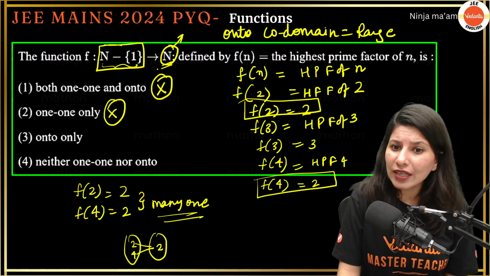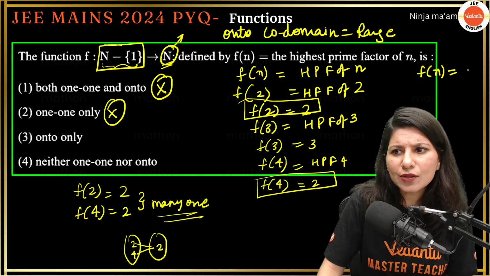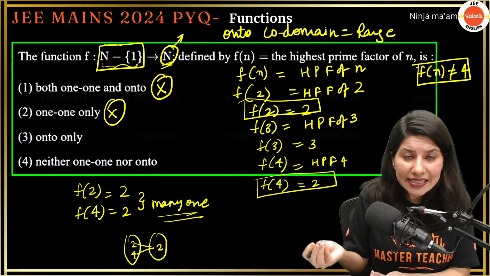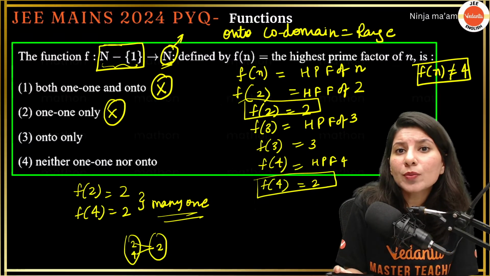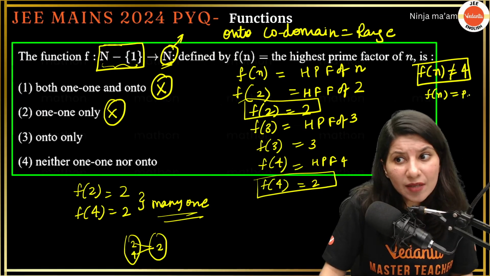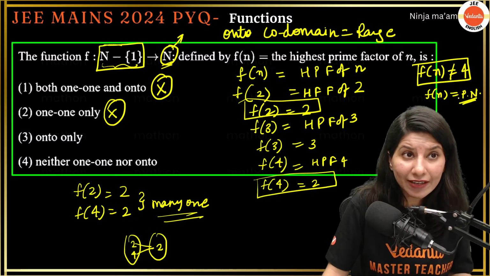So can you tell me, can I ever get f of n equal to 4? Not at all, because f of n is always going to be a prime number. The value of f of n will be any prime number, right? Prime numbers are 2, 3, then 5, then 7.